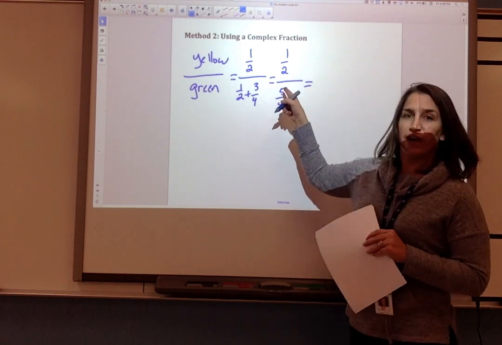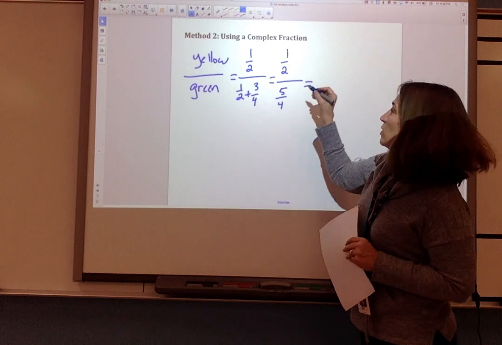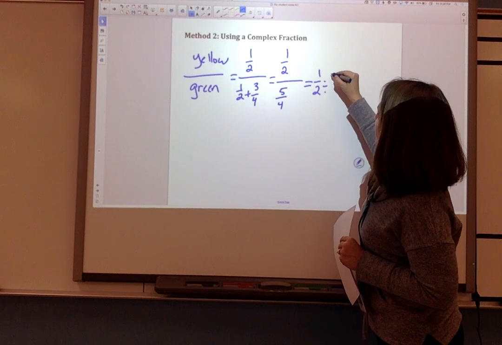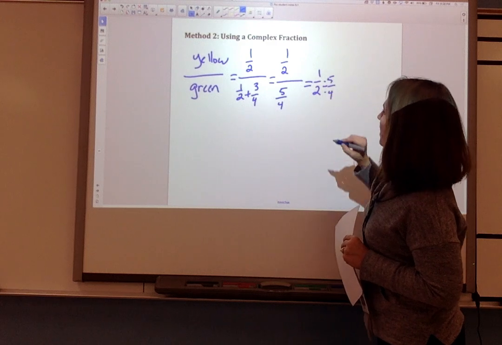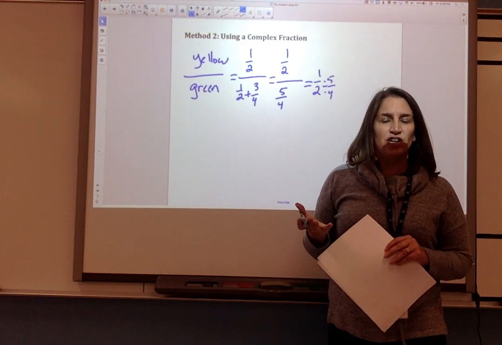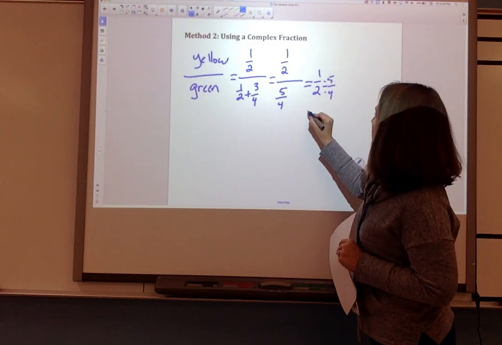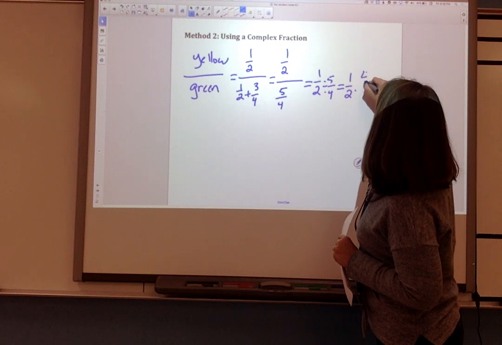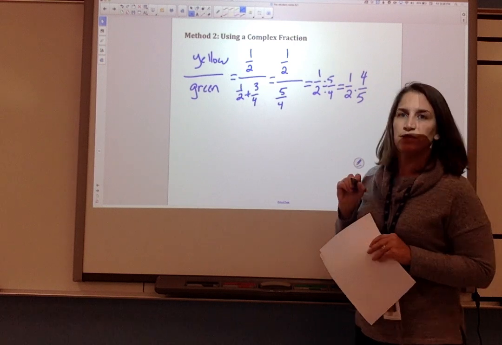Again, we know that this fraction bar means divide, so we're going to change this to 1/2 divided by 5/4. Okay, now we're going to change our division into multiplication by saying that's really 1/2 times 4/5.